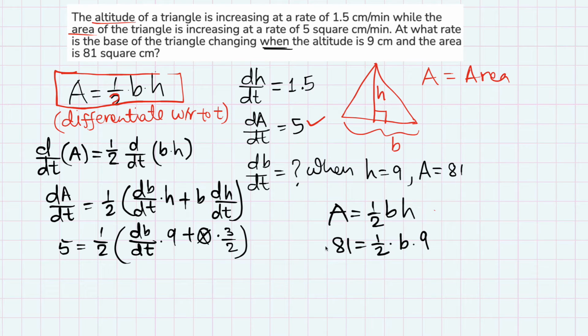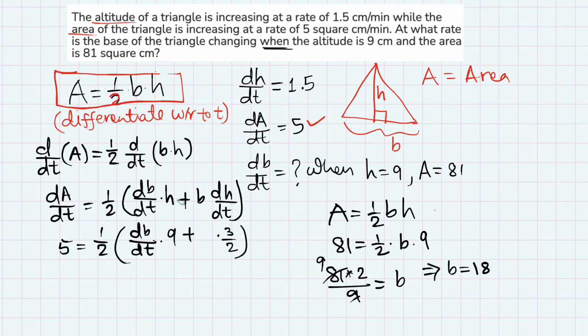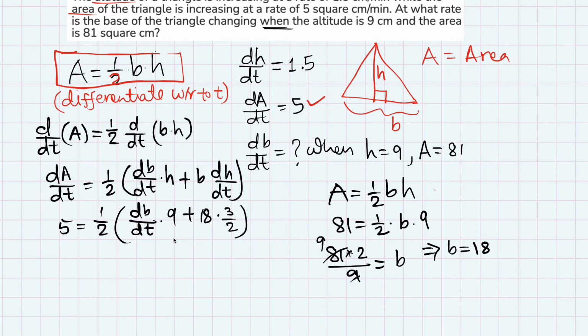Multiply both sides by 2 and divide by 9. So 81 multiplied by 2 divided by 9, and this way we can isolate b. 9 times 9 times 2, 18. So b is 18. Let's come back and write this as 18. 18 times 3/2. We can simplify this, and the 1/2 outside we can multiply both sides by 2, or we can distribute 1/2 inside. It's up to you.